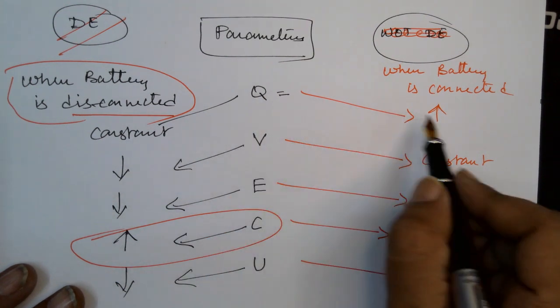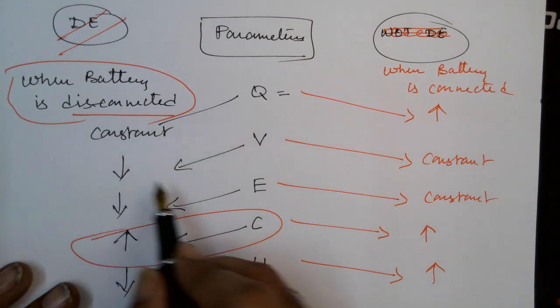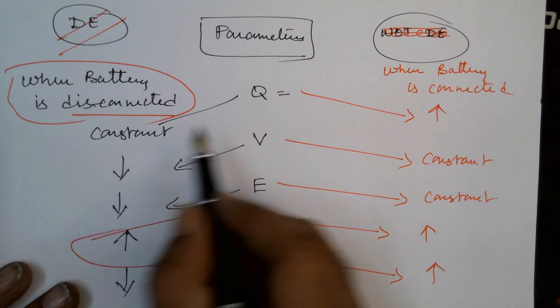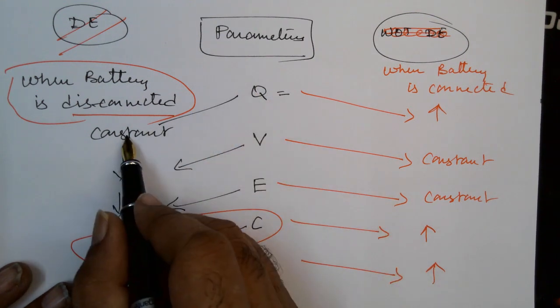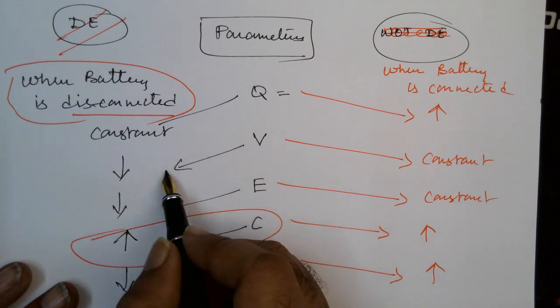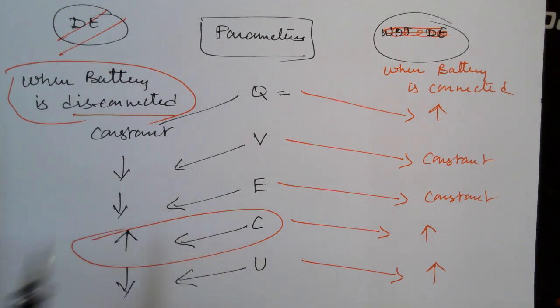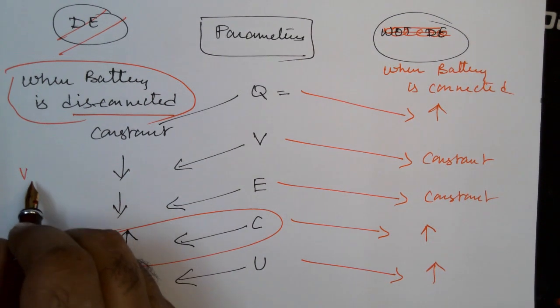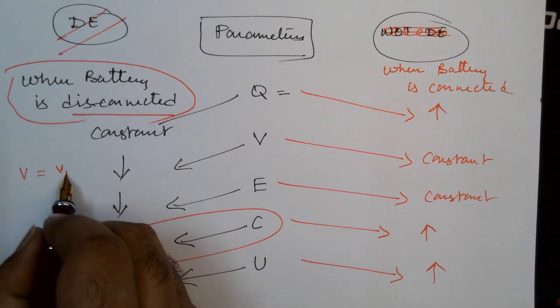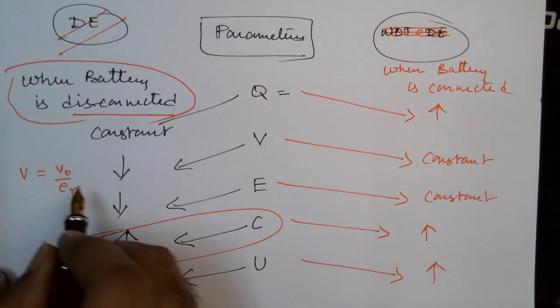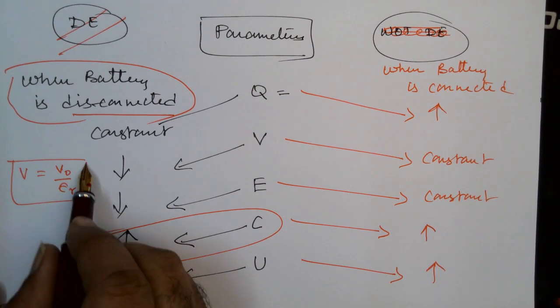Can you write down the equation for all? For example, in this case Q is constant, whereas here V is decreasing, so how do we write it? V is equal to V naught divided by epsilon R. This is the equation.